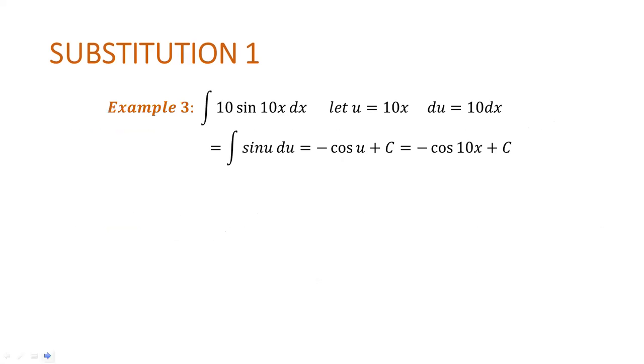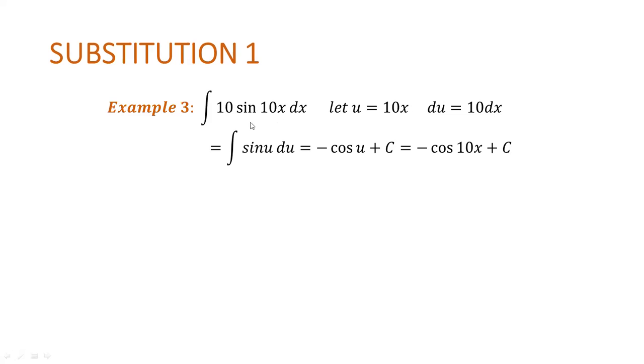Now, if you move forward, let's try it with a trigonometric function, the integral of sine of 10x dx. In this expression, if this is sine u du, your u is 10x. The derivative of that is 10 dx. So it's here, the 10 and the dx.